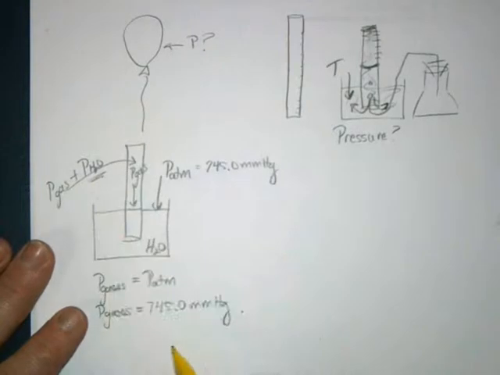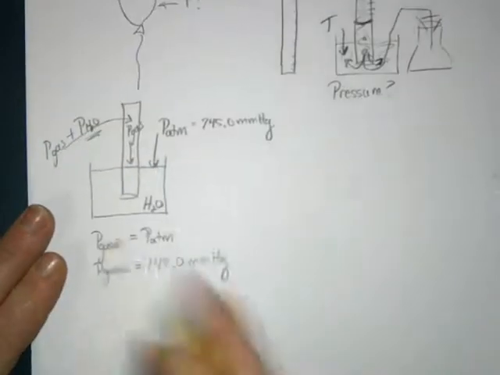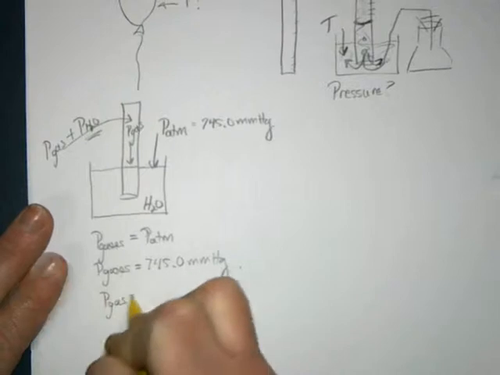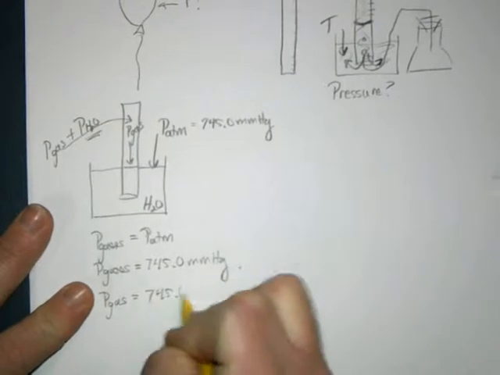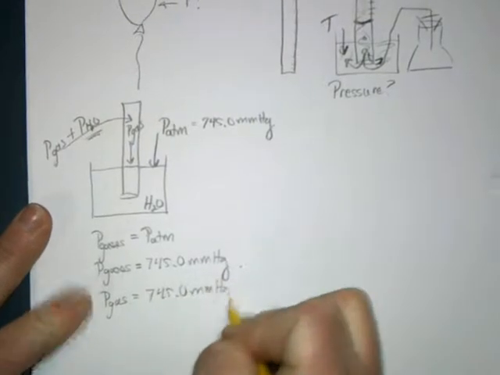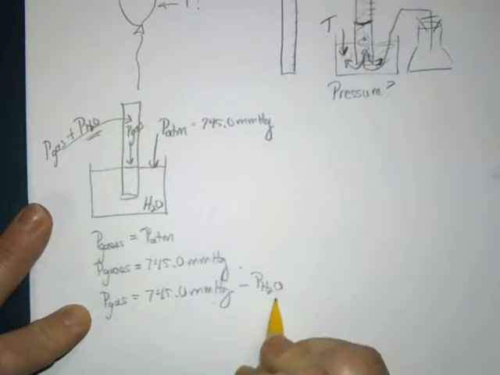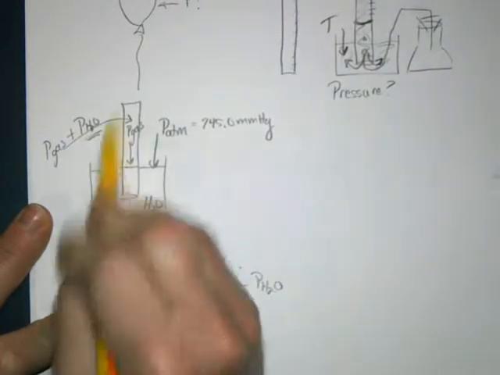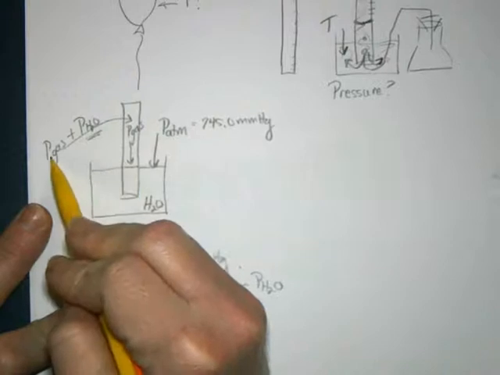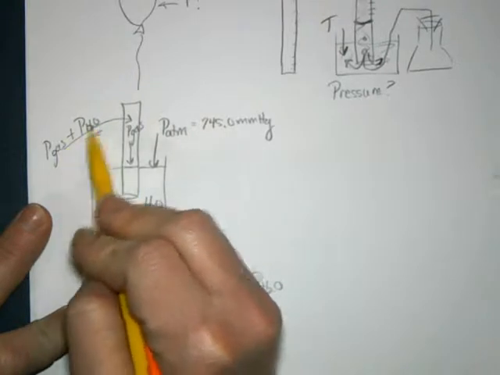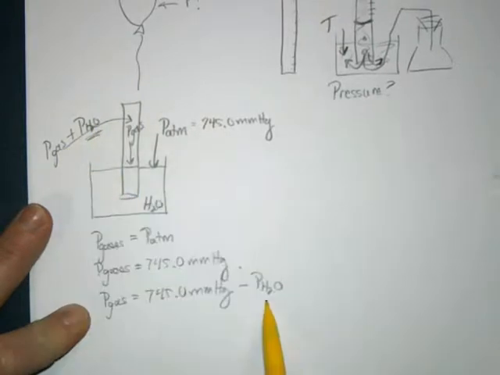We will be able to determine the pressure of our gas then by simply taking atmospheric pressure and subtracting away what we would call the partial pressure of the water. This is a gas mixture, which is a result of just the adding of the pressures of our different gases.